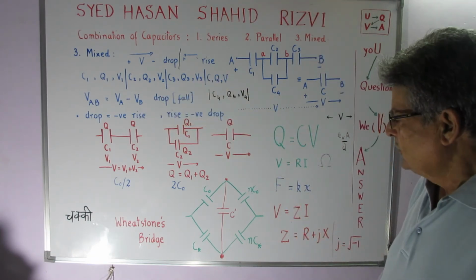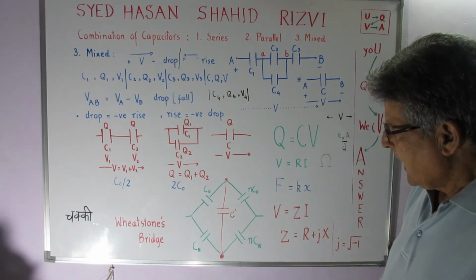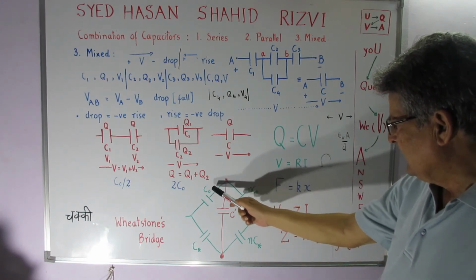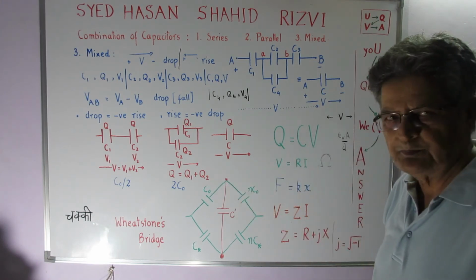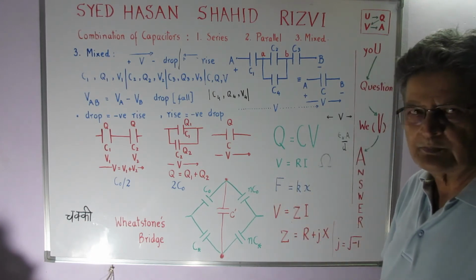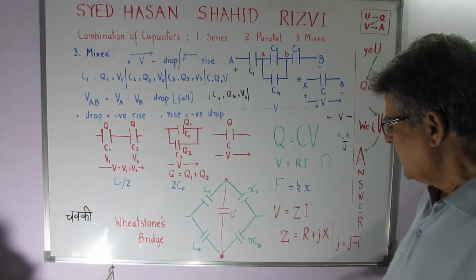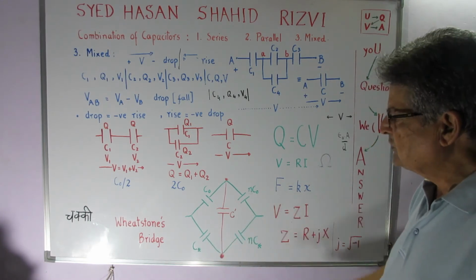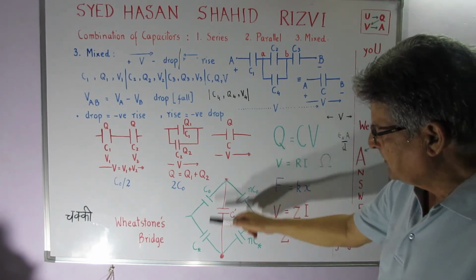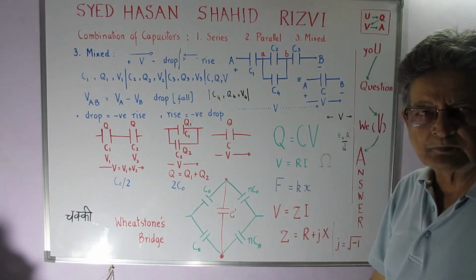Okay, so there are two ends to it. I have a capacitor C0, and this capacitor is NC0. This capacitor is C star, and this capacitor is NC star. What we find is that this upon this is equal to this upon this.